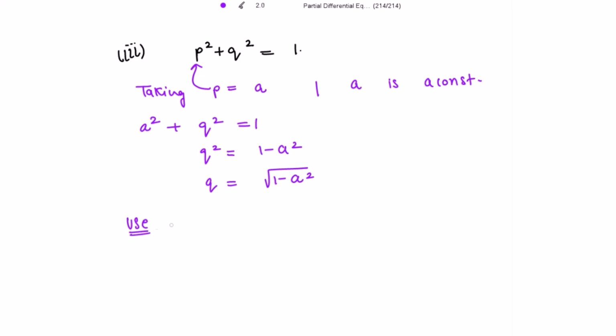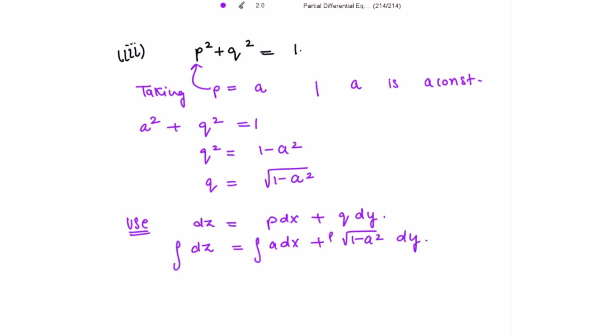And now we need to use dz equal to p dx plus q dy after getting the values of p and q. So dz is equal to a dx plus the square root of 1 minus a square dy. And integrating both sides, we have z equal to ax plus the square root of 1 minus a square into y plus the constant b.